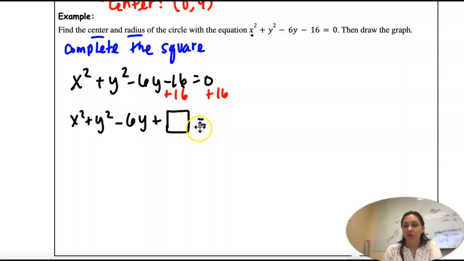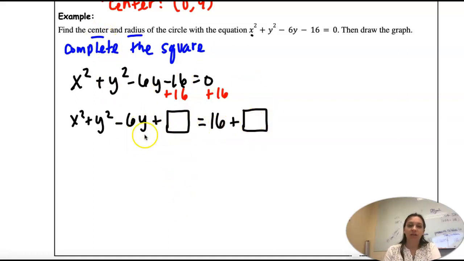And then 0 plus 16 is 16. And then part of an equation is keeping it balanced. If I add something on the left, I have to add something on the right. So whatever number goes in this box has to go in that box.